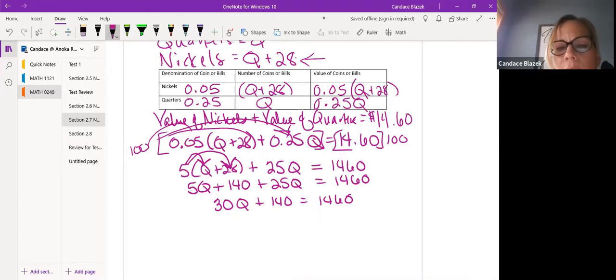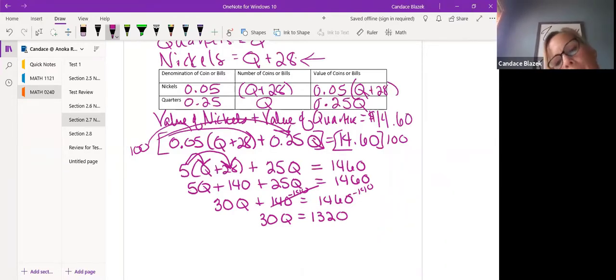Next, I'm going to subtract 140 from both sides. So it cancels off of the left. And then on the right, I get 1,320. Checking my math, looks good.